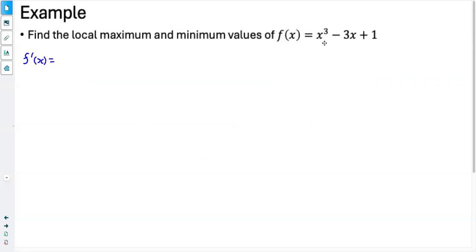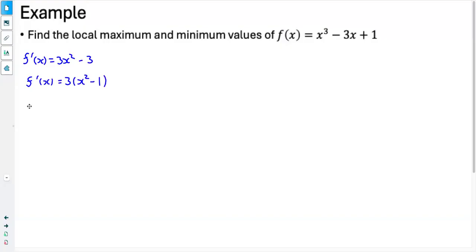So the derivative of x cubed is 3x squared. Then the derivative of negative 3x is minus 3. We'll factor this, so f prime of x equals, we can factor 3 out, so that's 3 times x squared minus 1.